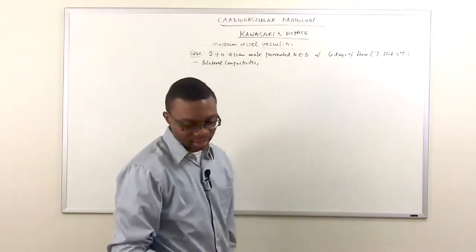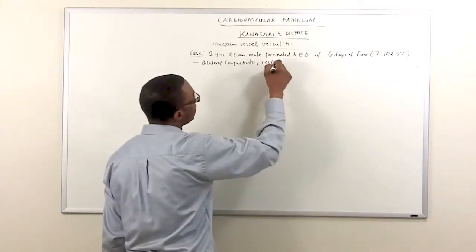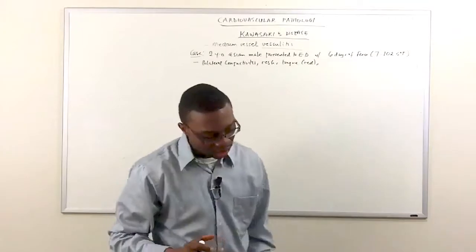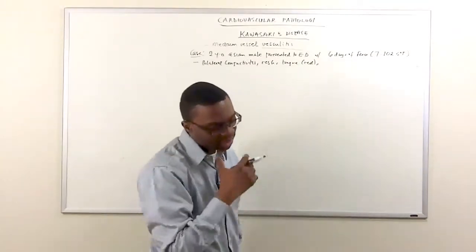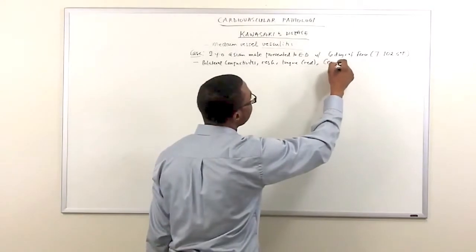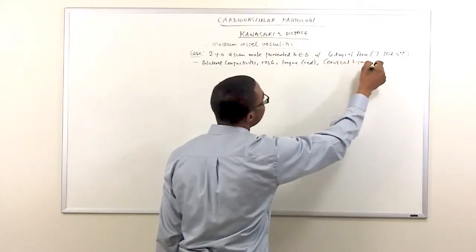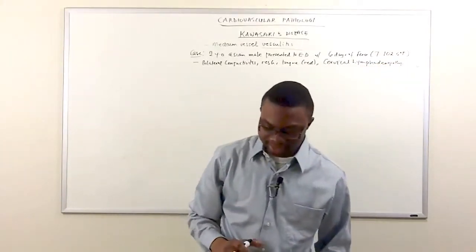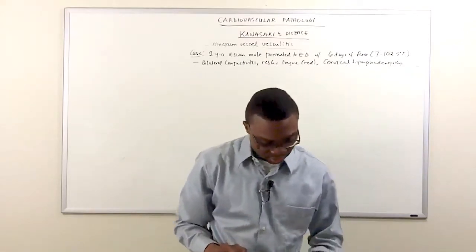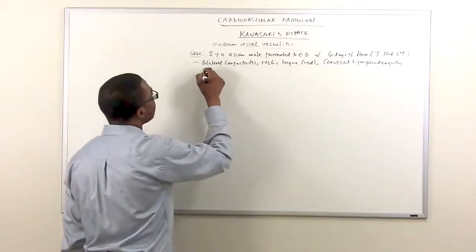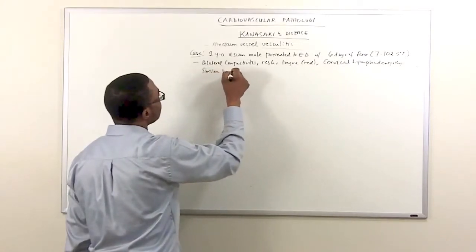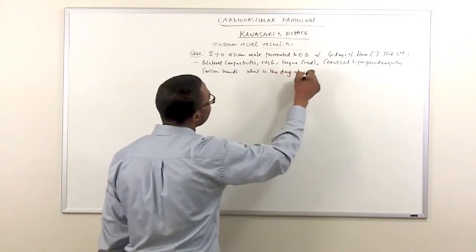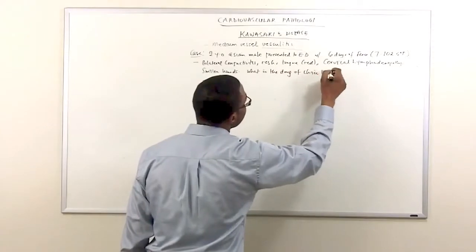You also noted that he has a rash and his tongue is red. Also, the patient has cervical lymphadenopathy, and his hands are swollen. What is the drug of choice to treat this condition?